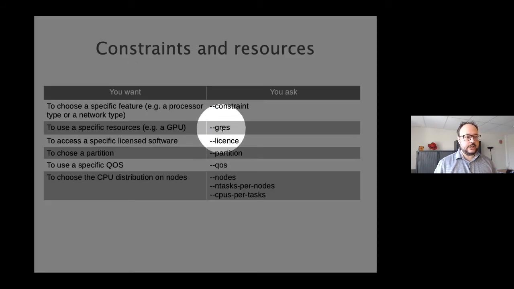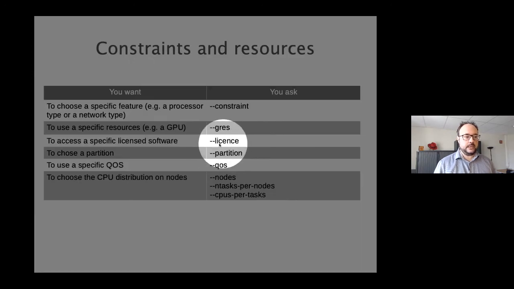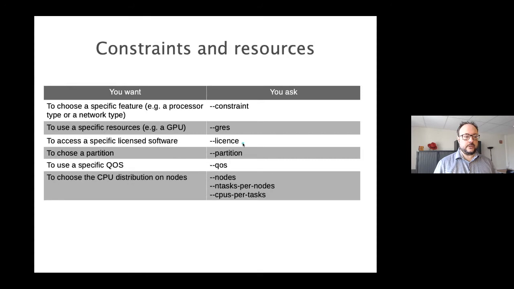You can use the --gres, which stands for generic resource, to specify that you want to use, for instance, a GPU. On some clusters, you also have licensed software with a limited number of licenses, and you need to request in your job script a certain number of licenses to be able to start, for instance.